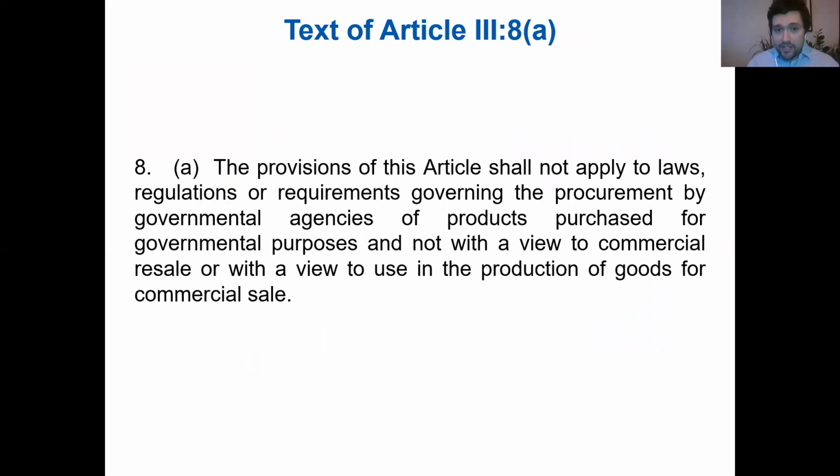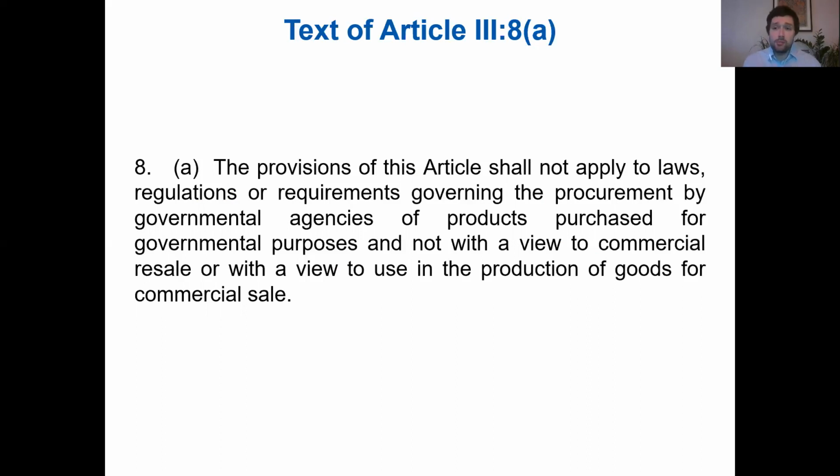So here again, read the text once again. It says procurement by governmental agencies of products purchased for governmental purposes, not with a view to commercial resale, not with a view to use in the production of goods for commercial resale.